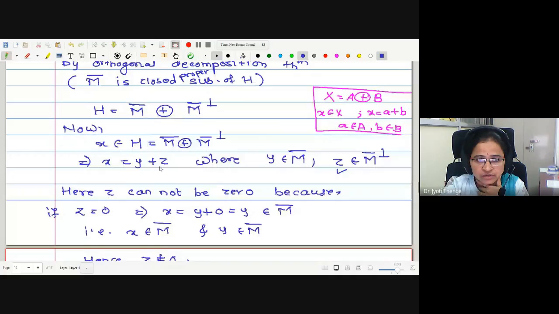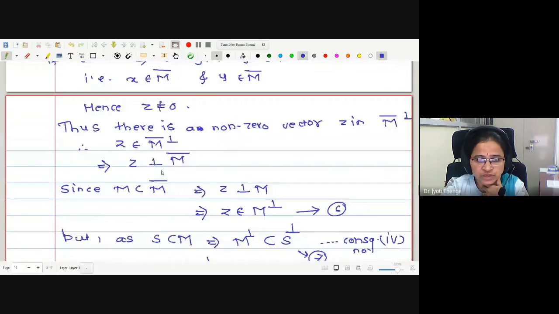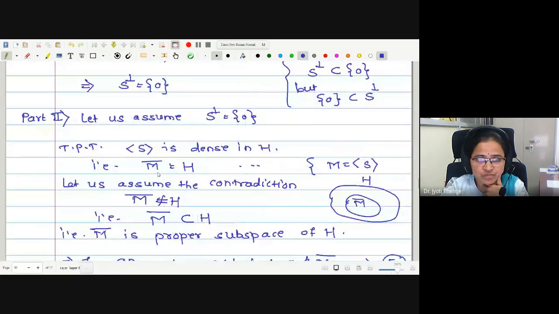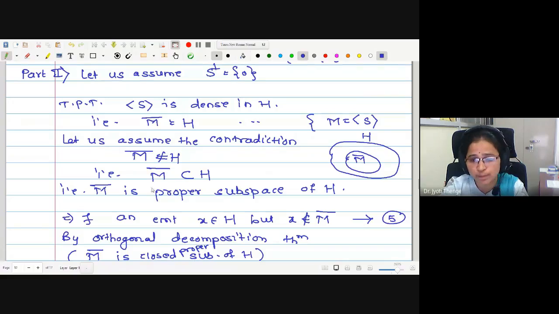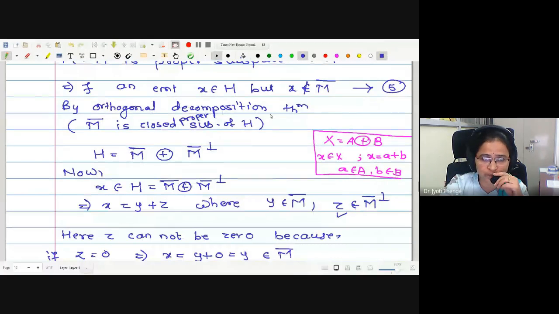What we have seen from 6 and 7, we'll just recall. There is part 2 we have started. We have started with S perp is singleton 0. To prove that it is dense in H, that is to prove M bar is H, we have made the contradictory assumption that M bar is a proper subspace of H. If it is proper, there exists X in H but not in M bar. For this, let us use the orthogonal decomposition theorem.